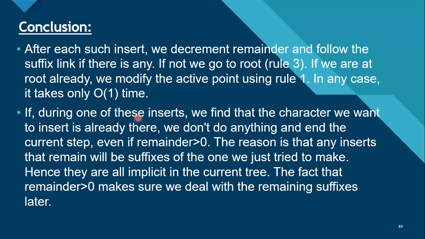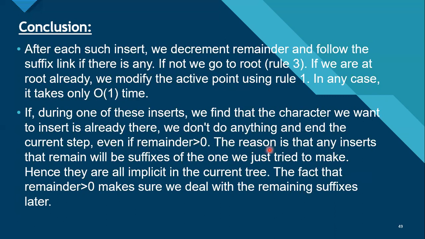And if during one of these inserts, we find the character we want to insert already there, like it was the case many times, we didn't do anything about the tree. We just updated the active point, even if the remainder was bigger than 0.